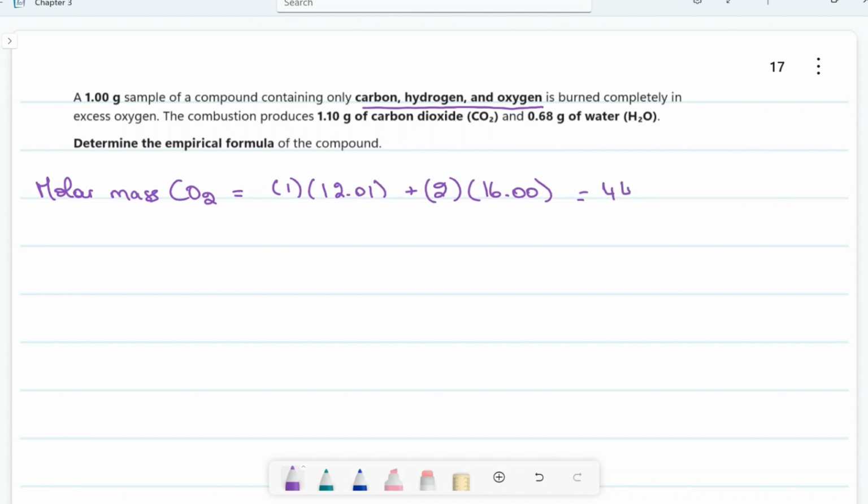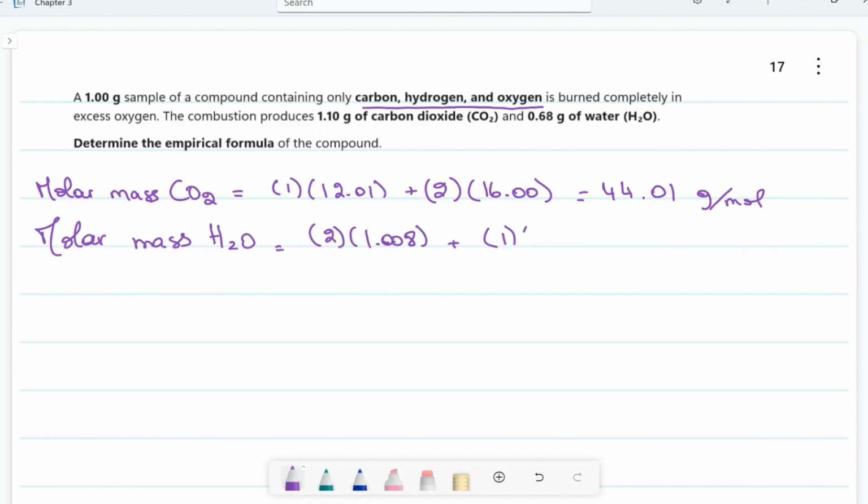This would give us 44.01 grams per mole. Now, since we're finding molar masses, we might as well find the molar mass of H2O. We have two hydrogens, so 2 times 1.008. We have one oxygen, so 1 times 16.00. This is 18.02 grams per mole.